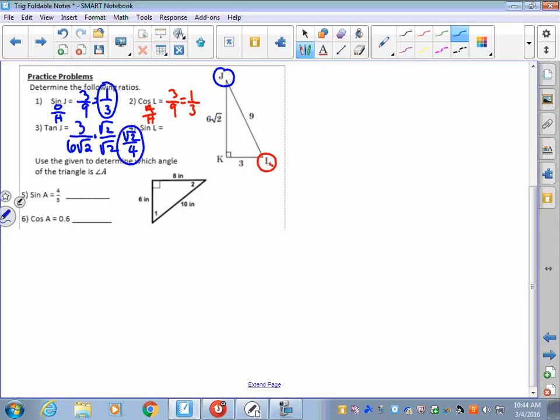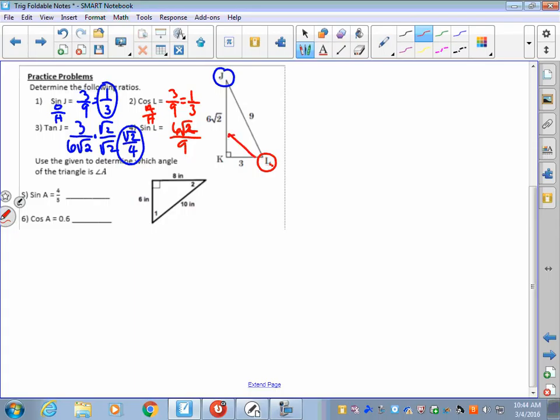All right, sine of L. L is L, opposite of L is, okay, so we would write 6 root 2 over what? 9, the hypotenuse. Opposite over hypotenuse. 9 is always the hypotenuse.